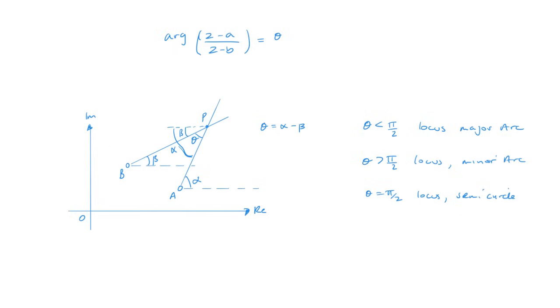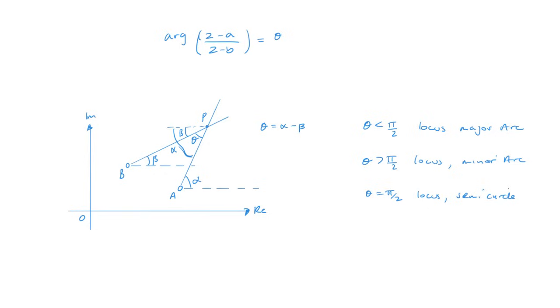Okay, so that's just a little bit of information for you. But as you can see, in terms of my A and B, A is the top one, B is the bottom one, and we generally draw these anti-clockwise. So in this case, this angle appears to be less than pi by 2, and this would be the major arc, as you can see there. If this was bigger, these two would be further apart, and the drawing would be of a minor arc rather than the major arc. But that's roughly how it is.